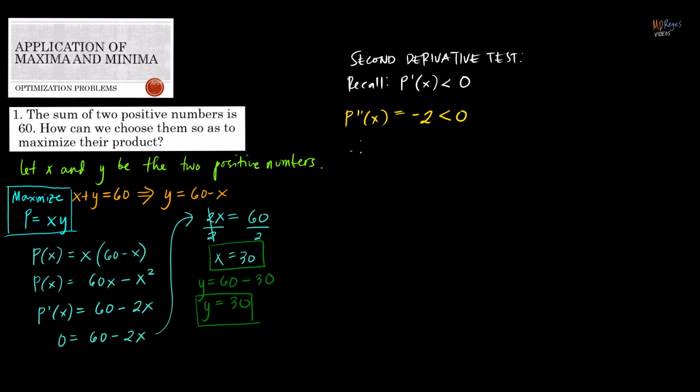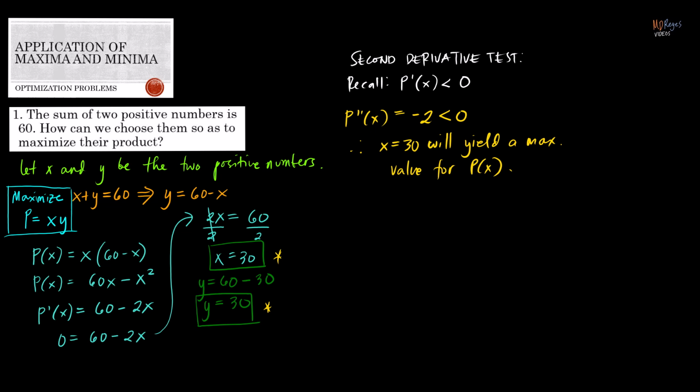So therefore, x equals 30 will yield a maximum value for the function p of x. So the product of x and y, these values, 30 and 30, will lead to a maximum product for the two of them.